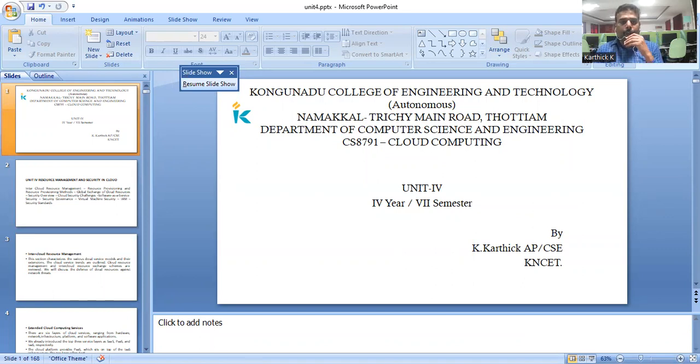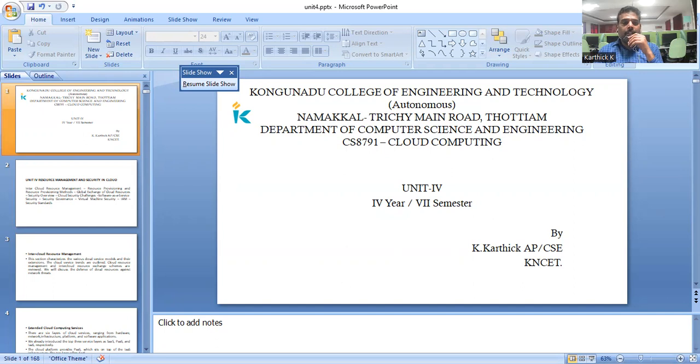It is an important topic in the fourth unit and in cloud computing, and it is about resources also. When we use cloud computing, how are the resources managed?